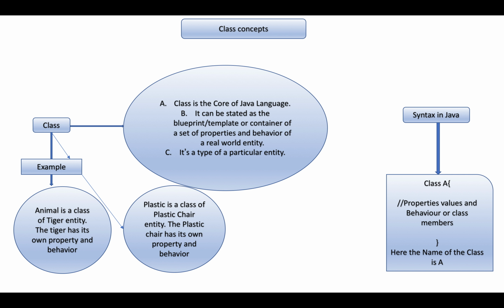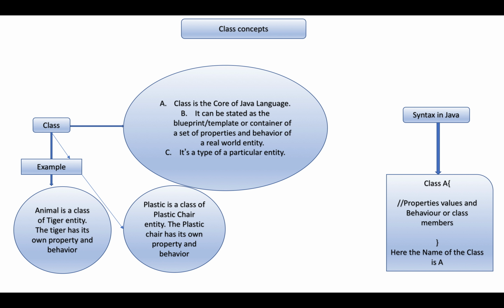You can also stand on a chair. So these are the behaviors basically. It allows you to perform multiple actions. And it has some properties, property values, like a chair can have three legs, four legs. Nowadays you can even have a one leg chair, right?